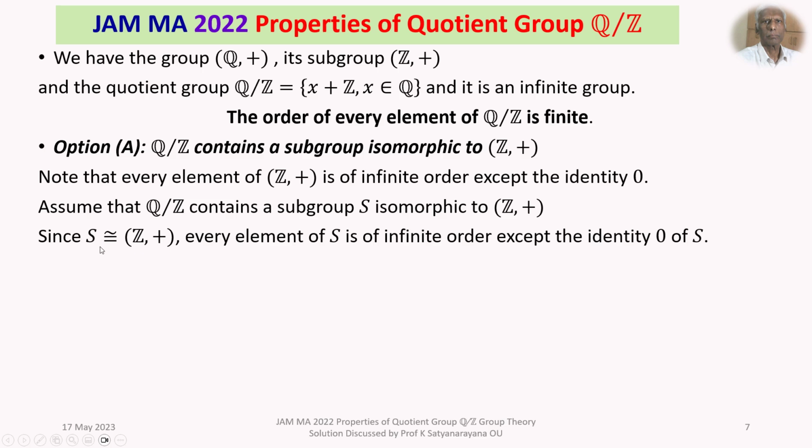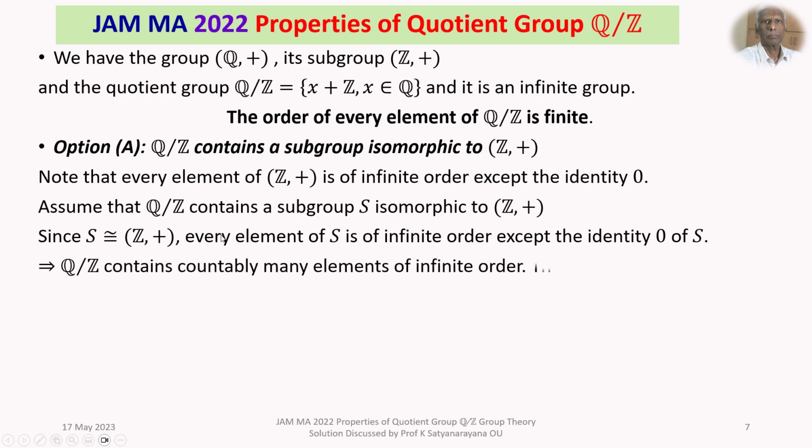So how many elements will be there in S? As many elements as there are in Z. That means S has countably many elements of infinite order except one element 0 of S. Because S is a subgroup of Q/Z, naturally Q/Z contains countably many elements of infinite order.